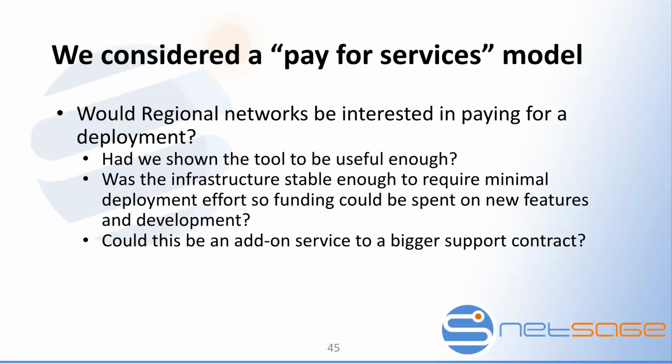So we thought, well, maybe you could offer Netsage as an add-on service. It's fairly independent. The lift would be fairly small. If you got 6, 8, 10 of these, that would pay for the new development. We could do this, right? And we were talking about how to do this.